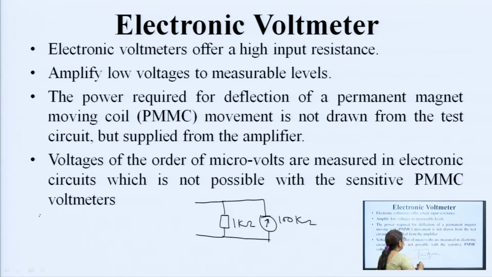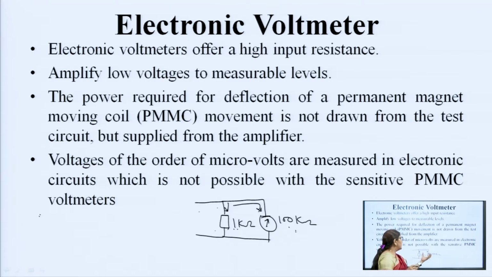What will happen? The input resistance of the voltmeter is 100 kilo ohm and here the resistance is 1 kilo ohm. The maximum current will flow through the 1 kilo ohm resistance, and only a very small amount of current will flow through the 100 kilo ohm resistance.